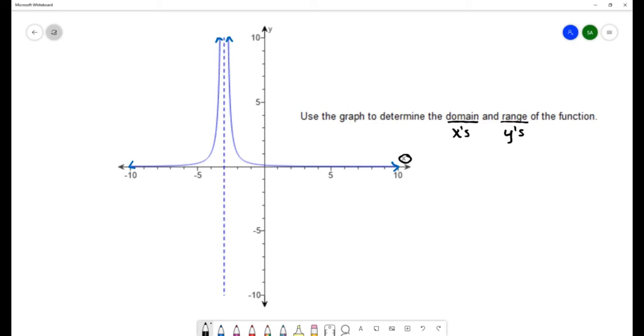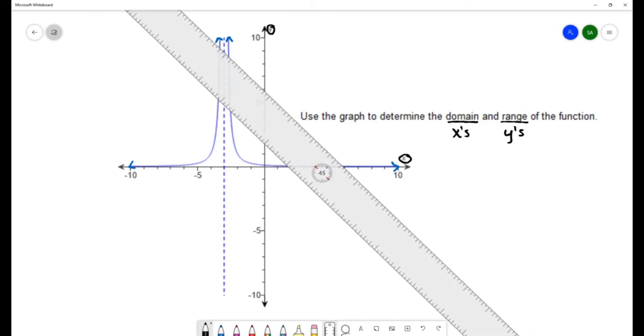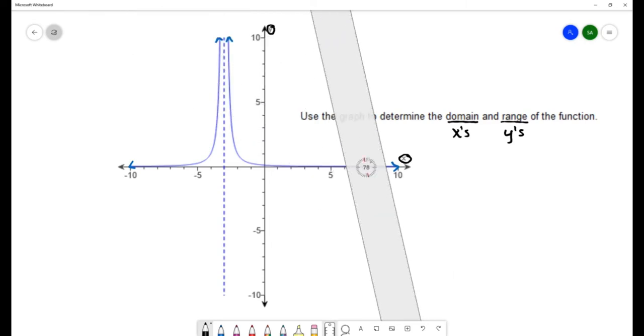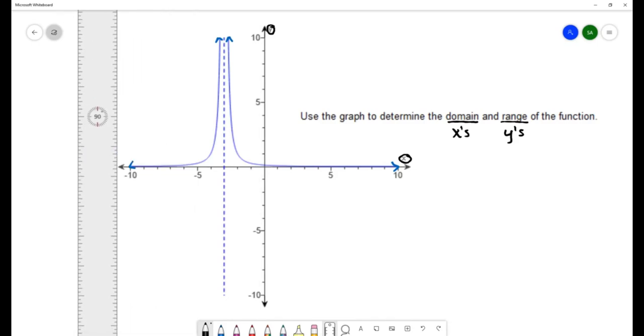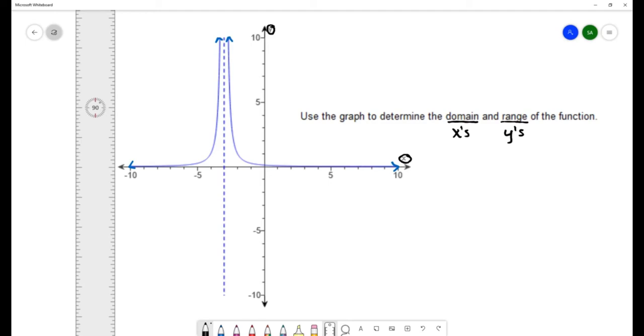Our y scale is the vertical scale. So I'm going to get my ruler out because I find that the ruler is really helpful in finding domain. And when we're finding domain, I like to hold it up vertically. Because vertically, this ruler is sort of pointing to an x along the graph.